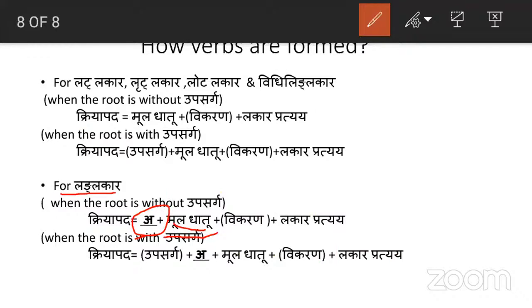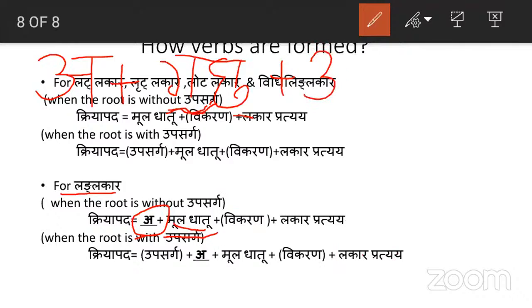So how will the form be? Now see, again we will take gam gacha. Here a is of past tense or lang lakar. Next the dhatu. I have taken here gam gacha dhatu. I forgot to write this, that's why I am writing here. Gacha plus vikaran. Again the vikaran is the same because the dhatu is of pratham gan. And again the lang lakar ending we have to take here.